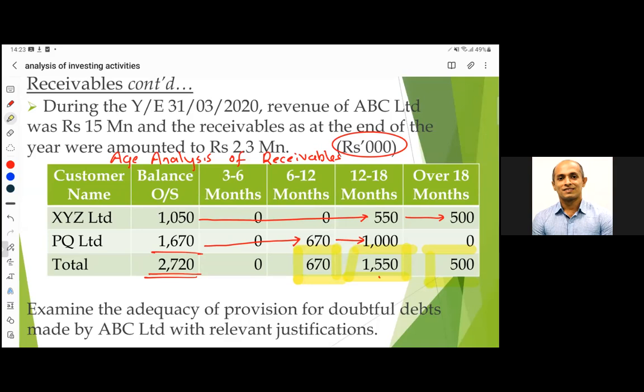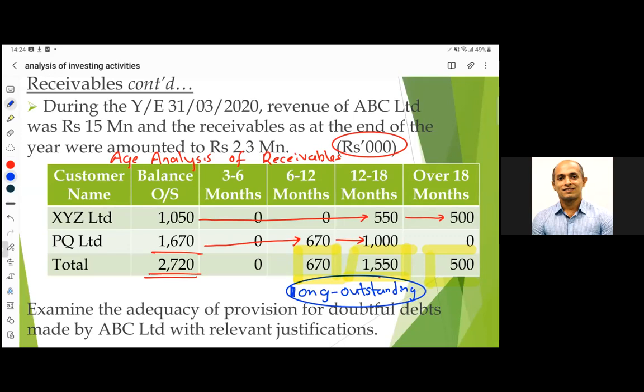Now what's your observation? The receivable balances seem to be long outstanding balances.